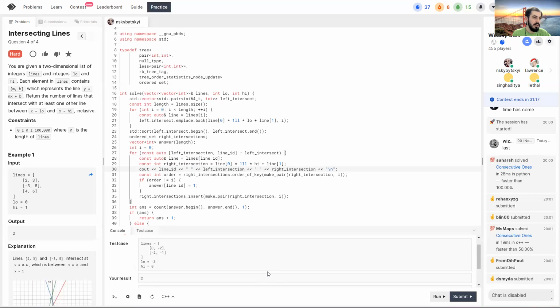But it means exactly that these two intersect. This line goes from -2 to -2. This line goes from 5 to -1. They intersect.